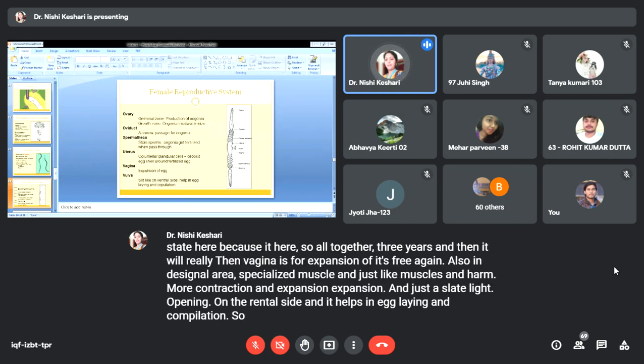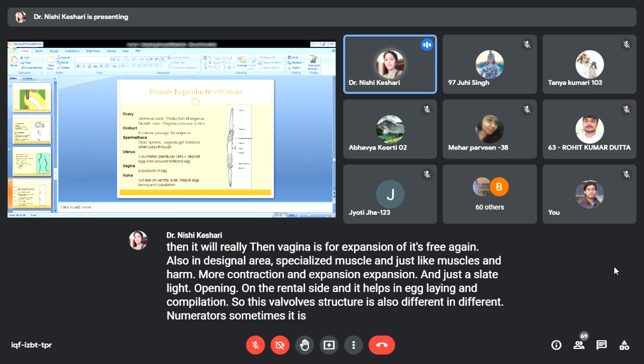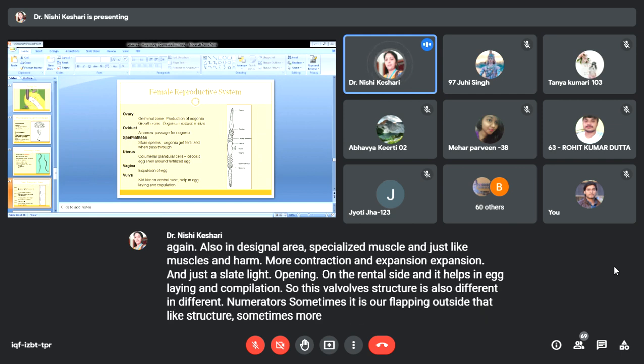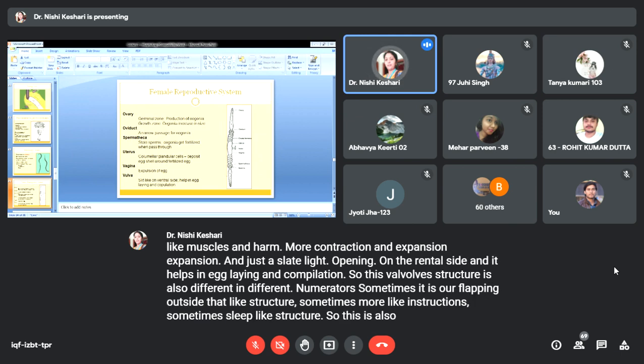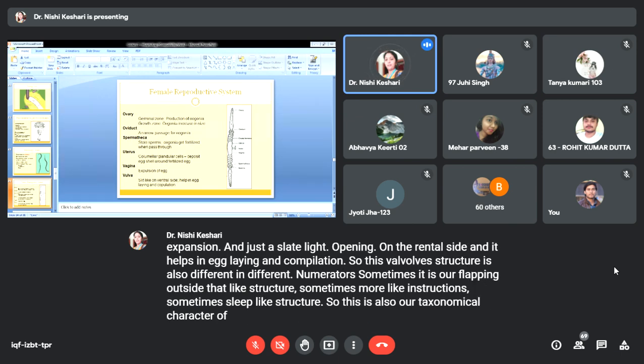This vulva structure is also different in different nematodes. Sometimes it is a flap-like structure, sometimes pore-like, and sometimes slit-like. So this is also a taxonomical character of different nematodes. Okay, so you all will get it.